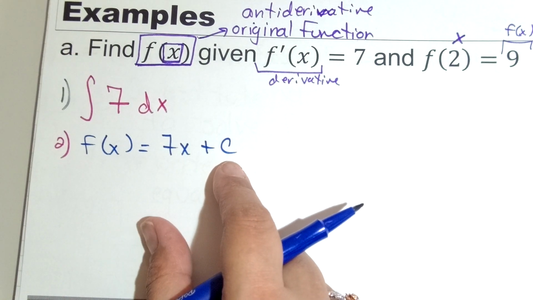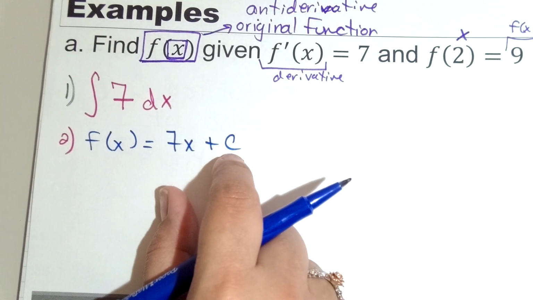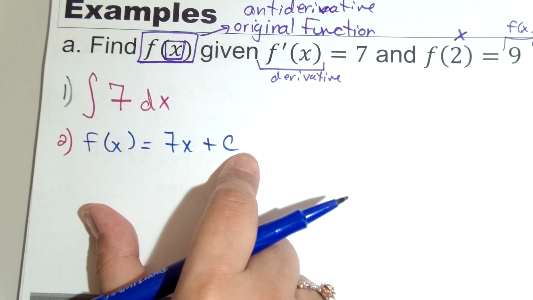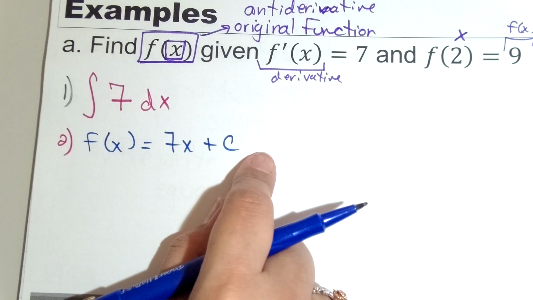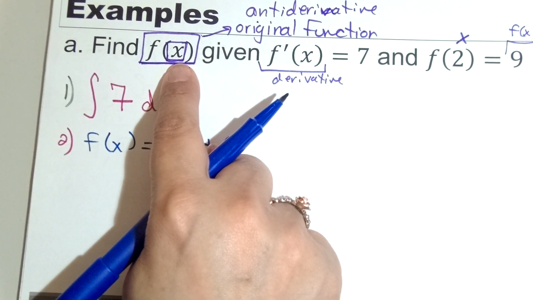We are solving for c today. We're solving for c this week and possibly next week. Don't forget the c. So this is my antiderivative, or my original function. I used f of x because it told me to find f of x. If it said find y, do y equals. Pay attention to the problem, okay?